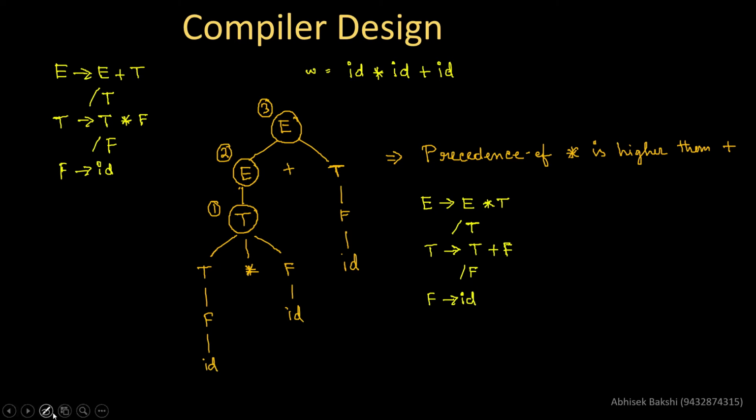Then if I want to design a parse tree for the same string ID plus ID star ID plus ID, how can I do this?